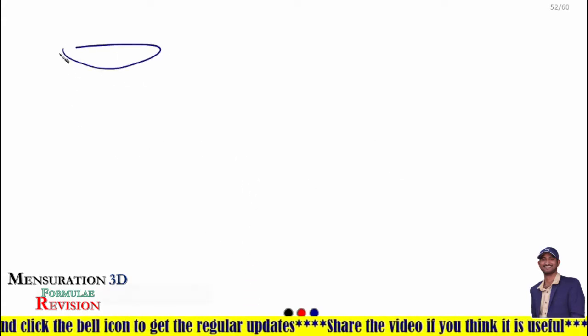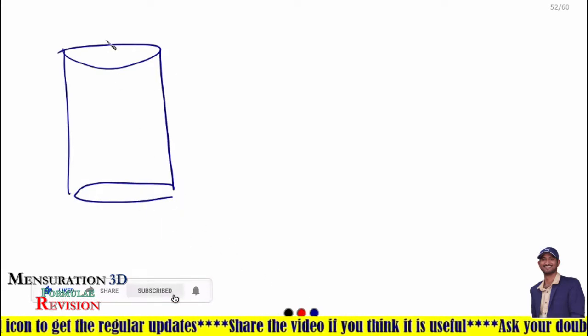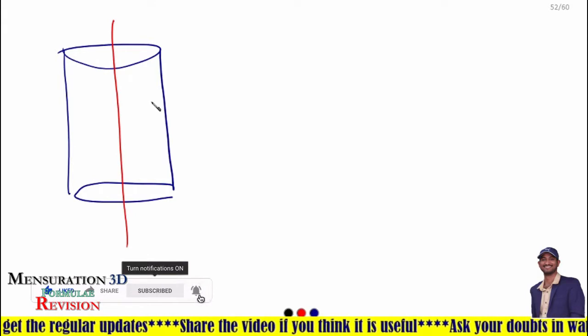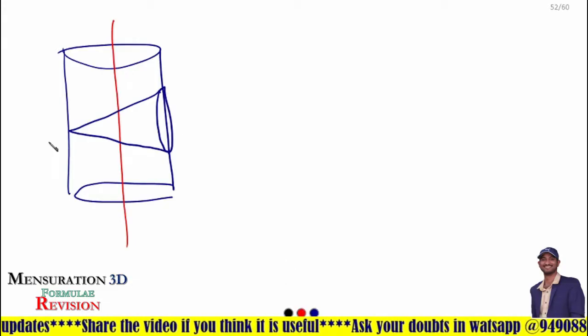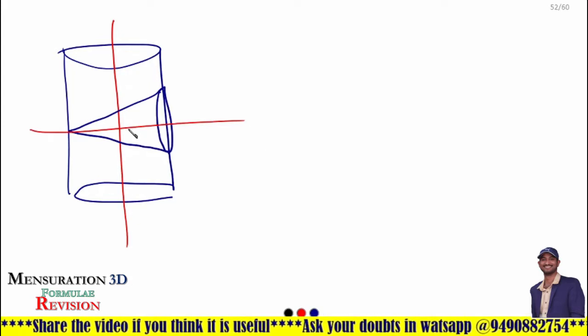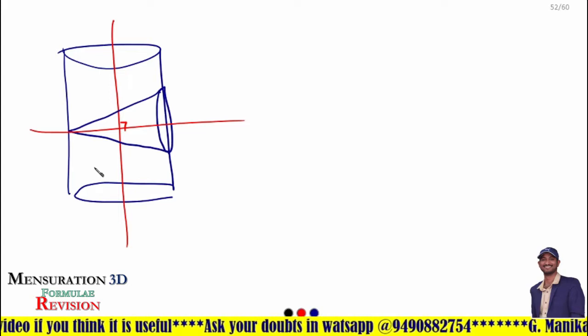Cone inscribed in a cylinder, but their axes are perpendicular. The axis of the cylinder is this, and there is a cone inscribed in such a way that the axis of the cone and the axis of the cylinder are perpendicular. Okay.